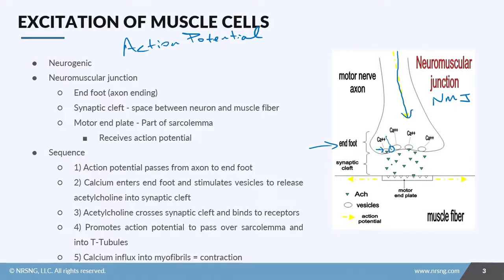So it basically bridges the gap here, and then the acetylcholine binds to receptors in the motor end plate. When this happens, it promotes the action potential down the muscle fiber. It passes over the sarcolemma into the T-tubules, and then you get this influx of calcium, which is what we want, because calcium is required to go into the myofibrils and cause contraction. So what does that look like?